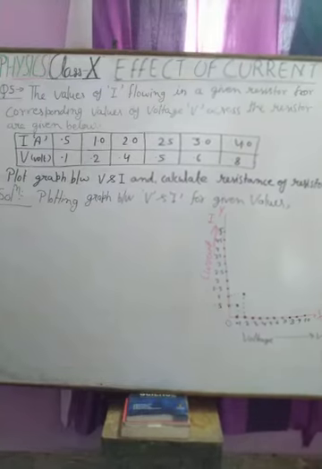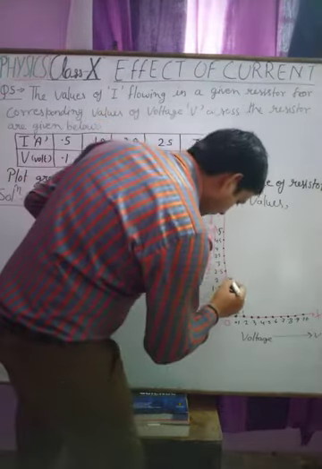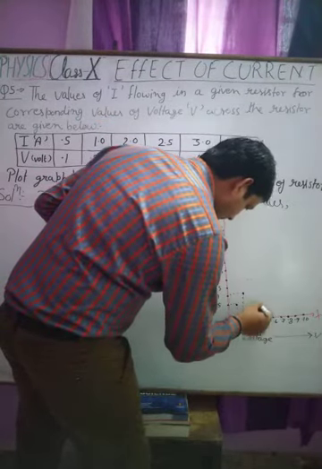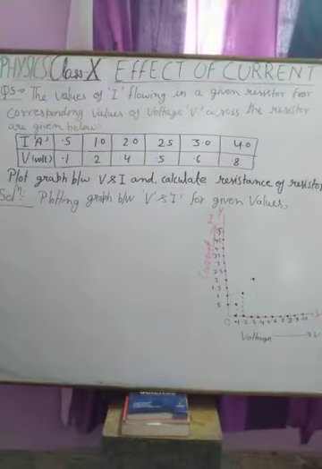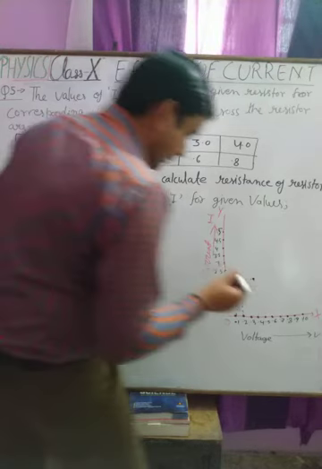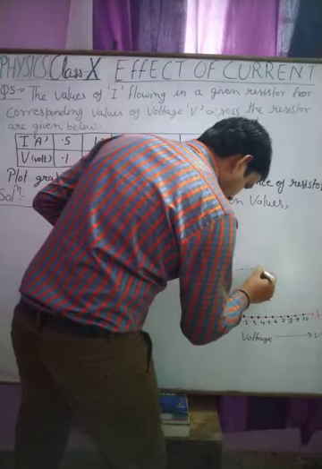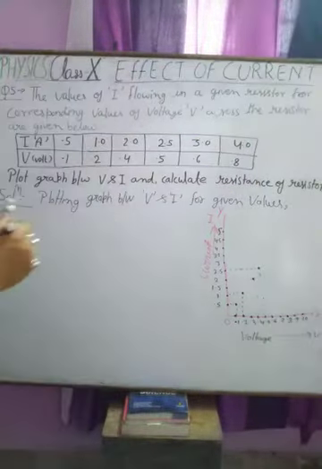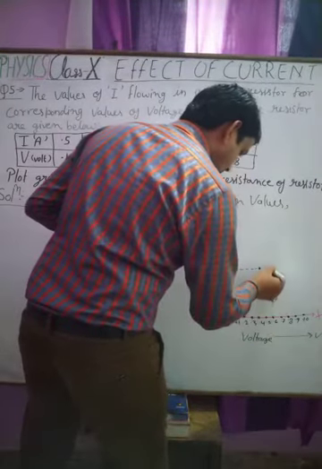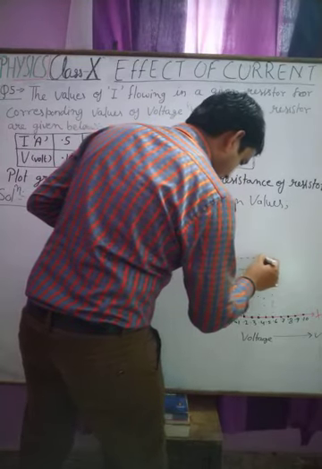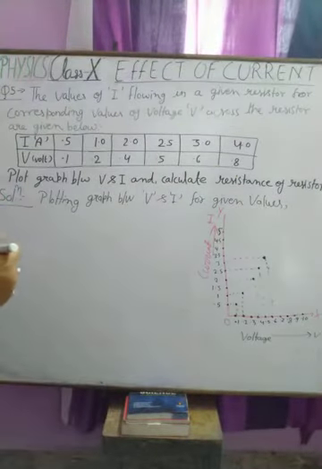When the voltage is 0.4 volt, the current is 2 ampere. When the voltage is 0.5, the current is 2.5 ampere. When the voltage is 0.6, the current is 3 ampere.